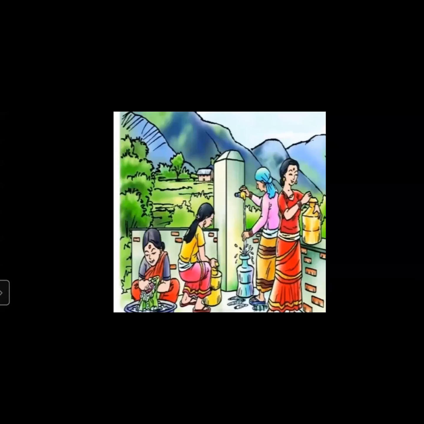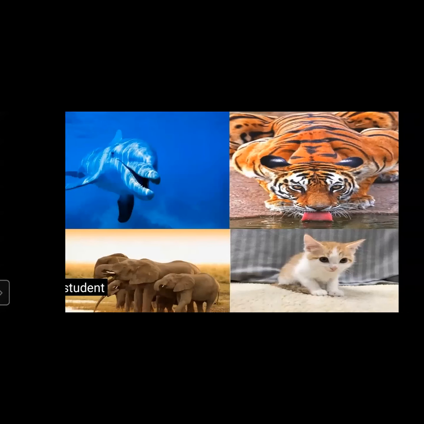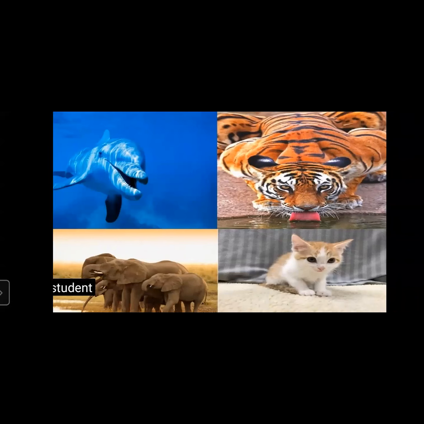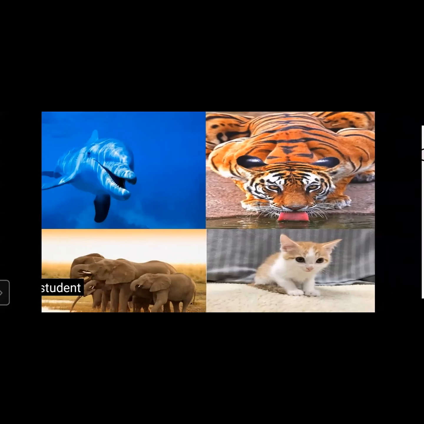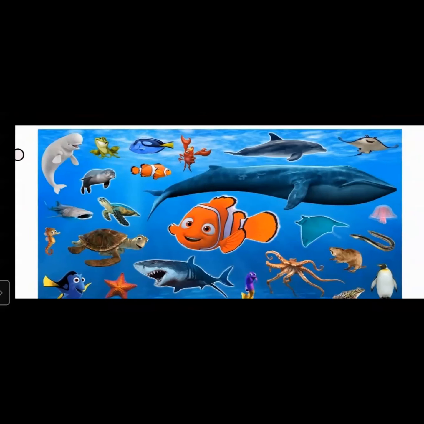Animals also feel thirsty. You can see these animals come to the source of water to drink and quench their thirst. These are fishes. You can see different types of fishes.